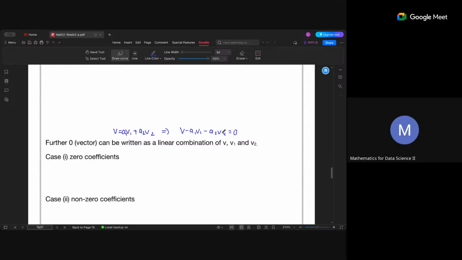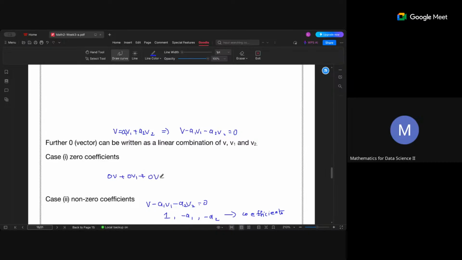So what is the other possibility? Here I am having non-zero coefficients. When I am writing like this, the coefficients are 1, minus a1, minus a2. But it is also possible that I can write them simply with zero coefficients.